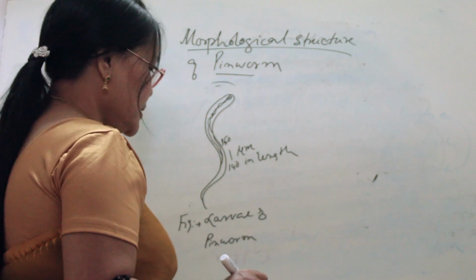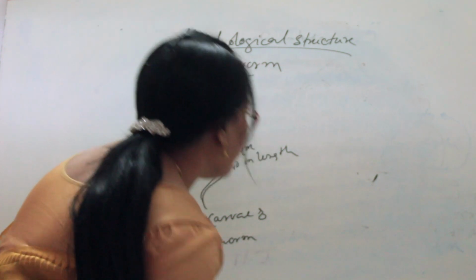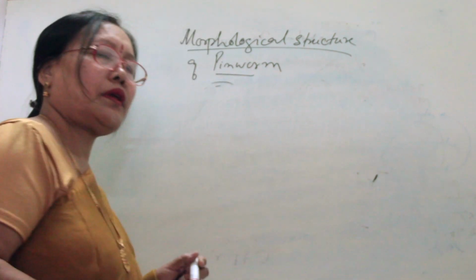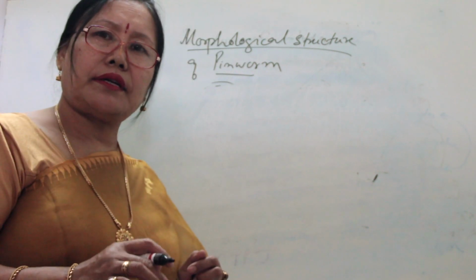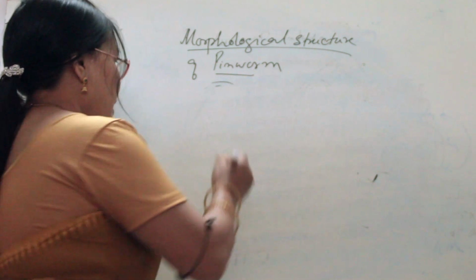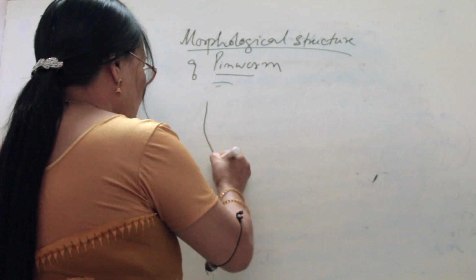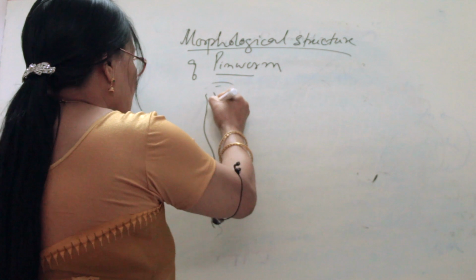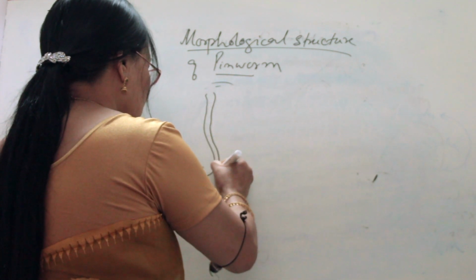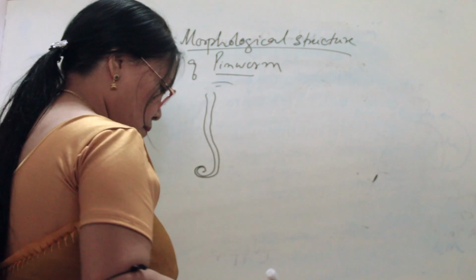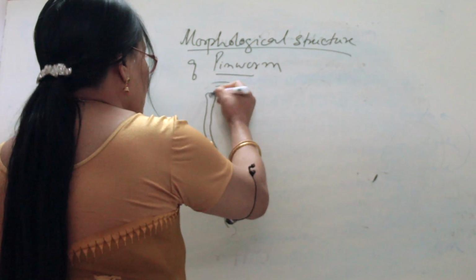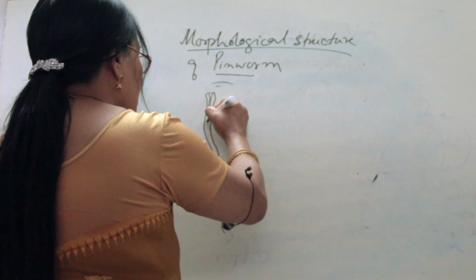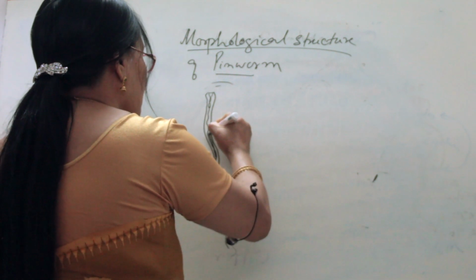Then the next is the male and the female worm. Usually, the male worm is shorter than the female worm, and this is the male worm, which has a curved tail. This is the head, this is the esophagus, and these are the internal structures of the body.